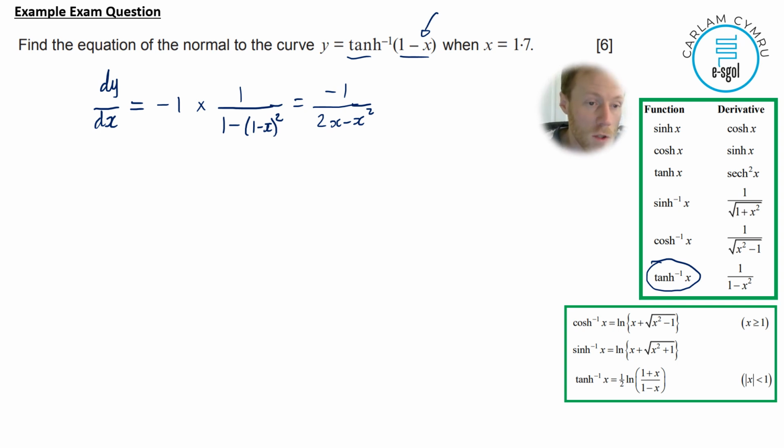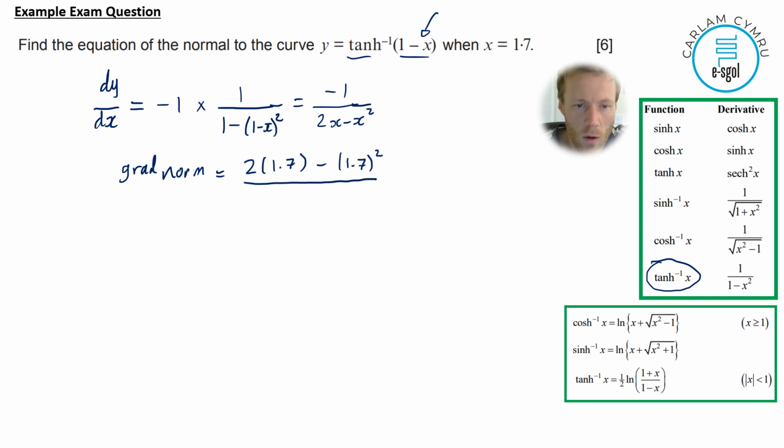So to find the gradient of your normal, we're going to flip it upside down, so we get 2 times 1.7 minus 1.7 squared, all divided by 1, and we're also changing it from a negative to a positive. That gives us 0.51. That's the gradient of the normal.